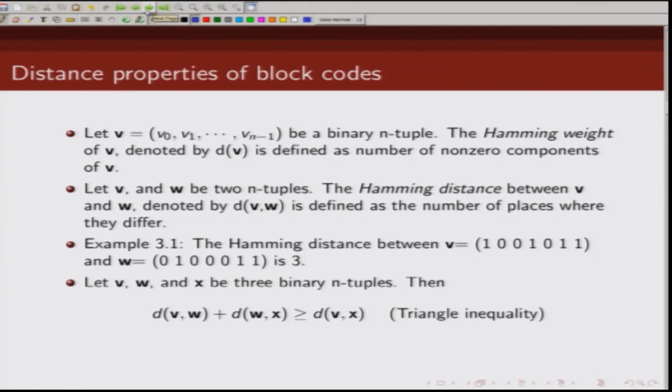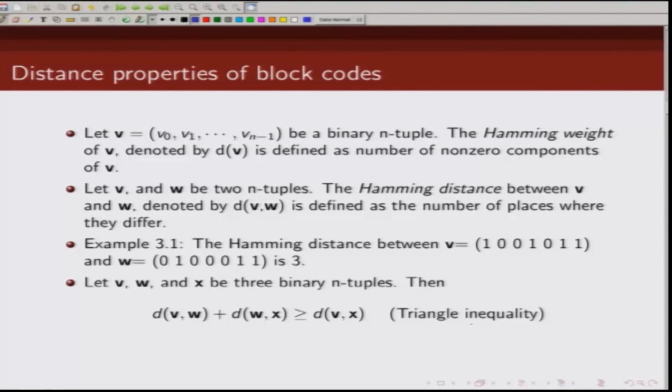Now, if V, W, X are 3 binary n tuples, then the Hamming distance between V and W, the Hamming distance between W and X, and the Hamming distance between V and X satisfy this inequality, which is known as the triangle inequality.